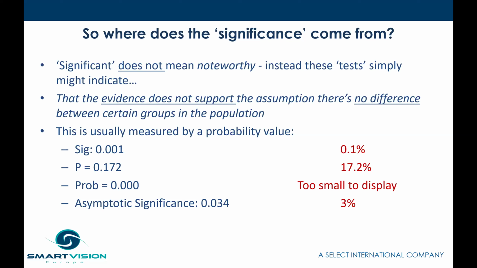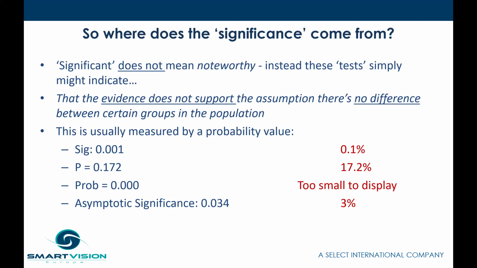And furthermore, the numbers themselves can be converted into percentages pretty easily, because a probability of 0.172 equates to 17.2%. You'll often get a value where the p-value is just 0.0000. These days, SPSS simply labels the p-values as less than 0.001 if they're that small.